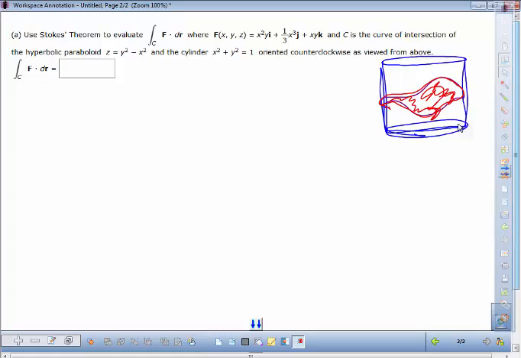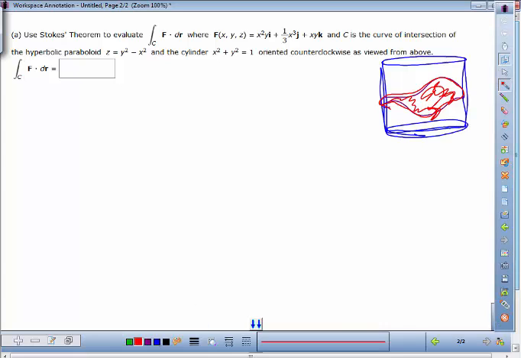Any case, if you follow your right-hand rule for this orientation, which way should the normal vectors for the flux integral go? It has to be a flux now, we're going to exchange this problem of a line integral to a flux.